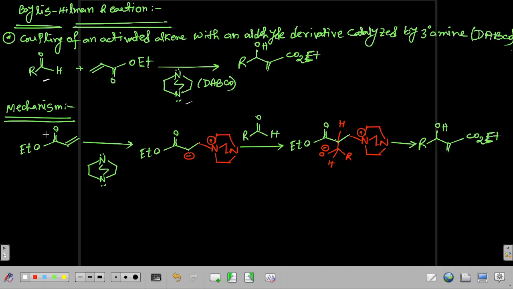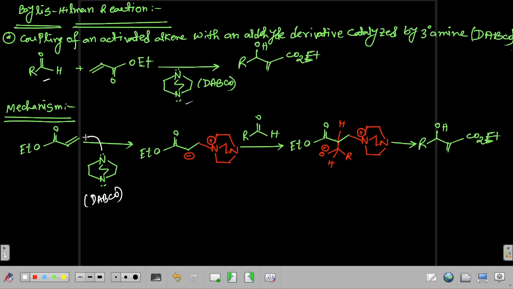Okay. Now we will see the mechanism of this reaction. First, this DABCO has a lone pair on nitrogen.